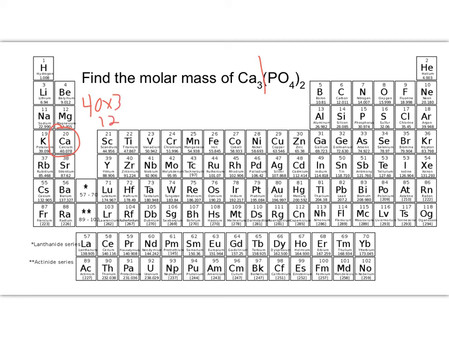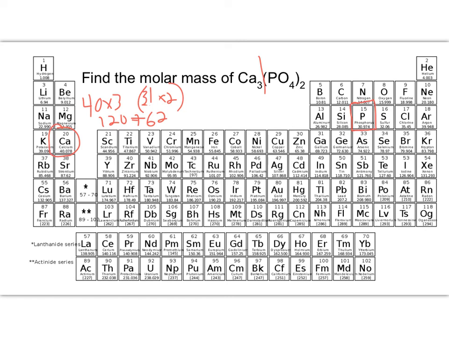So that's 120. Then phosphorus, which has a mass of 31, it's in parentheses with a 2. So 31 times 2 is 62.